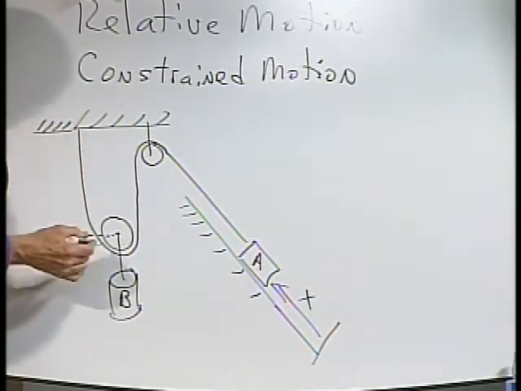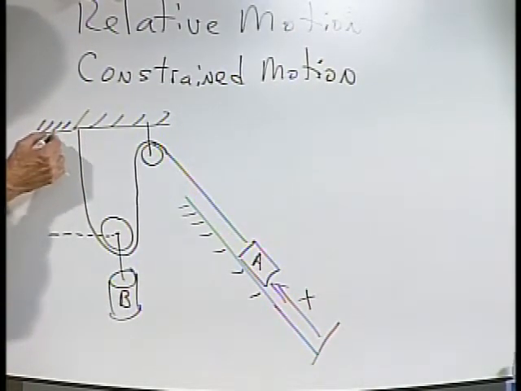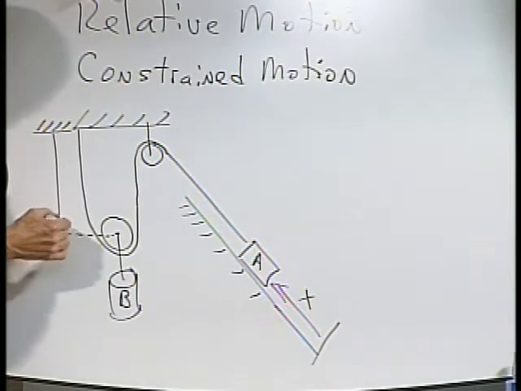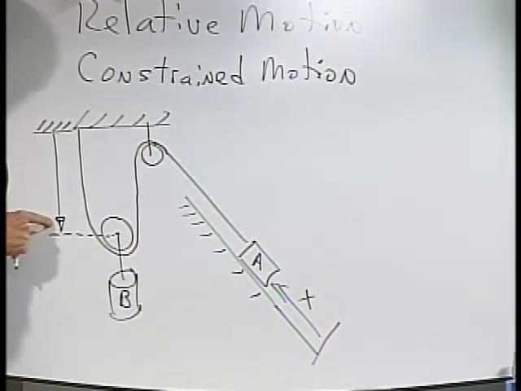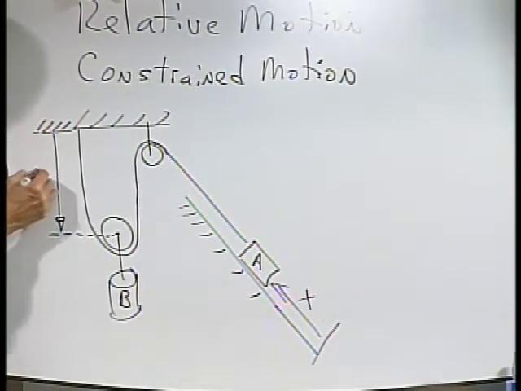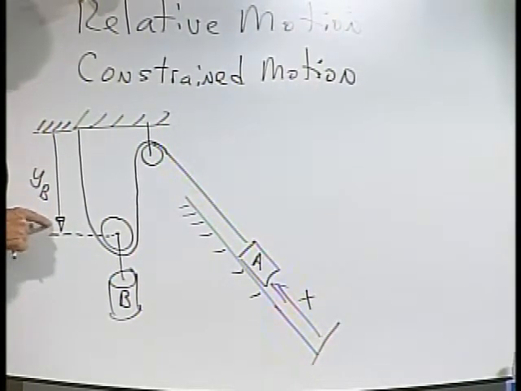So I have this body B down here, and it's effectively at a position distance down off of the support up here, that pulley, and it changes with time, doesn't it? So we could call that distance y sub b.